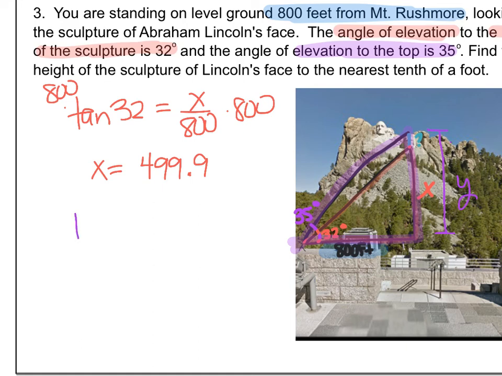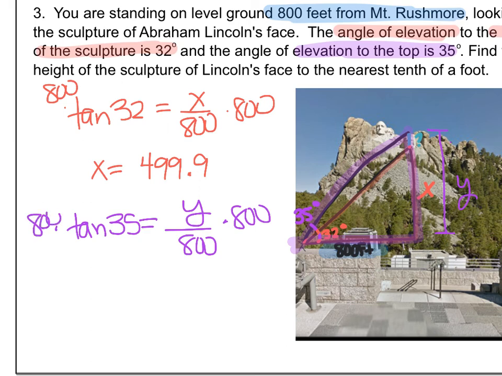So we're going to do tangent of 35 is equal to y over 800. Times both sides by 800, and we will get y is equal to 560.2.